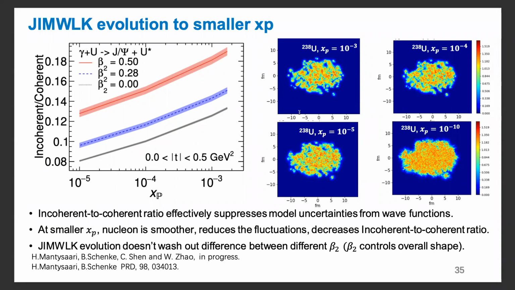So the fluctuation decreases, or the increase of the incoherent cross section is smaller than the increase of the coherent cross section. That's why this ratio decreases when going to a smaller x, but the difference between different deformation parameters is still there. In other words, again, the JIMWLK evolution does not wash out the difference between different beta 2s. As shown here, the overall geometry is still there when going from large x to small x.